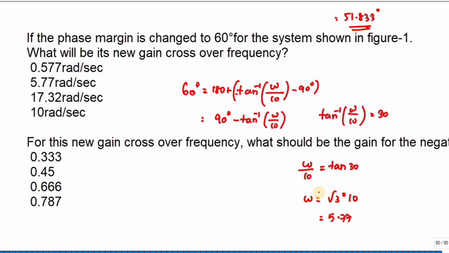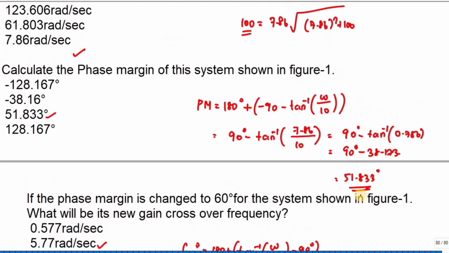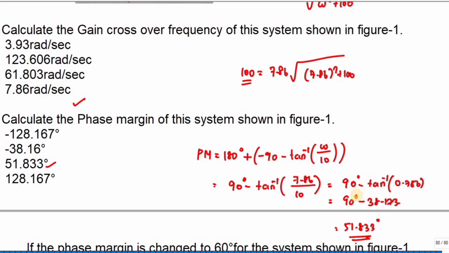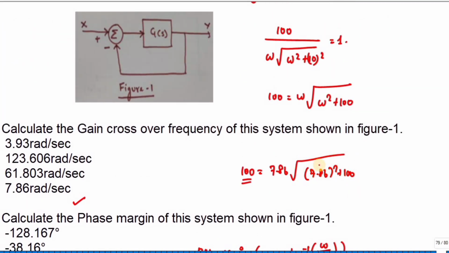Now for the gain crossover frequency, what will be the gain for the negative feedback system? That is, they are asking about the gain margin. So again, you have to take the equation and substitute this value of omega GC.